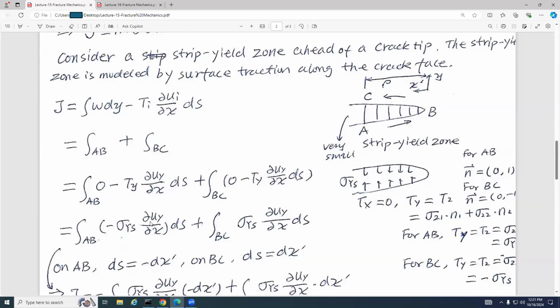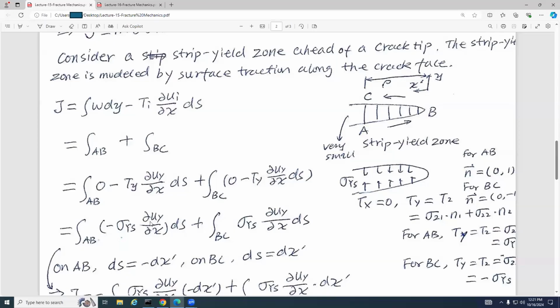And sigma 1,2 is a shear stress, right? And sigma 1,2 equals 0. As a result, T1 equals 0. Then T1 equals 0, so I don't need to take care of this one. And then we can look at T2. What's T2? T2 equals sigma 2,1 multiplied by n1 plus sigma 2,2 multiplied by n2.